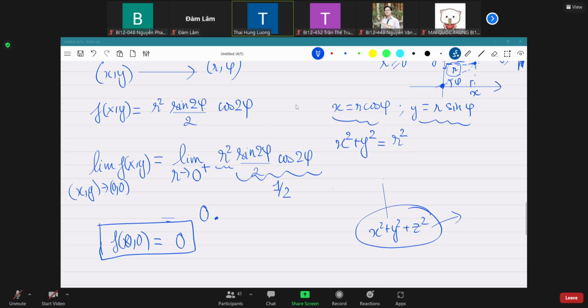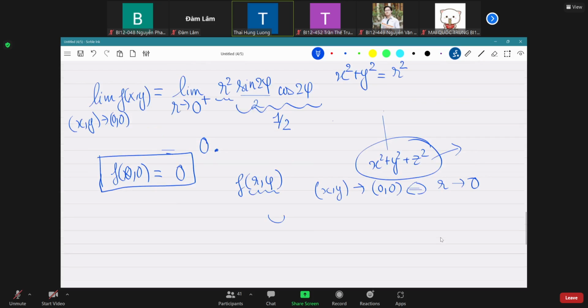When we talk about the new variables, we change from (x, y) to (r, phi). We have two variables, and when we say (x, y) tends to (0, 0), it is equivalent, in general, to r tending to 0, and the change of phi corresponds to the change of the path, the way the point approaches 0.